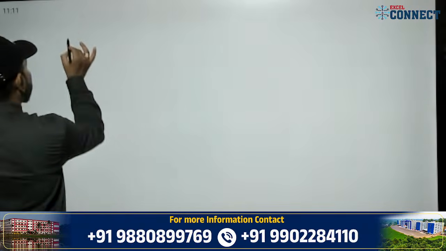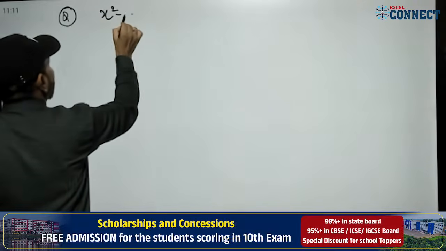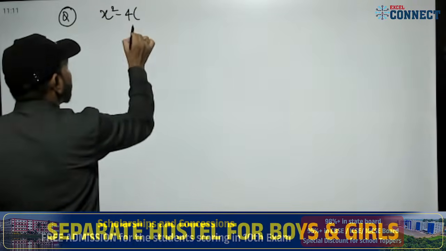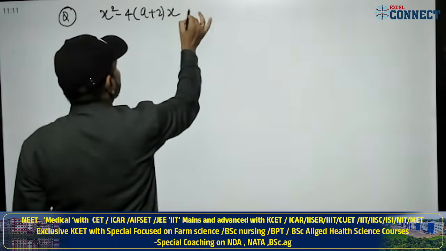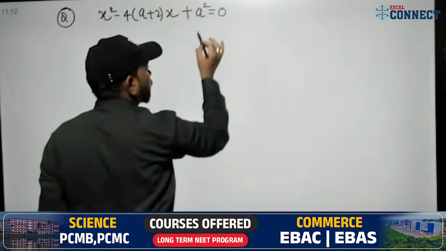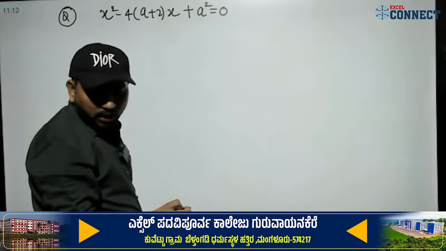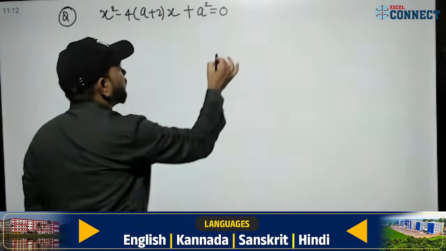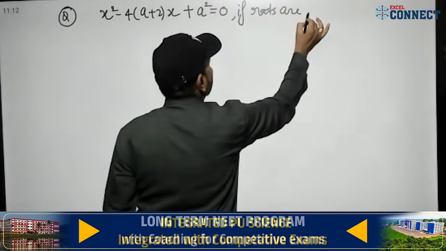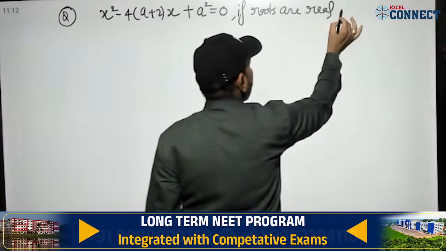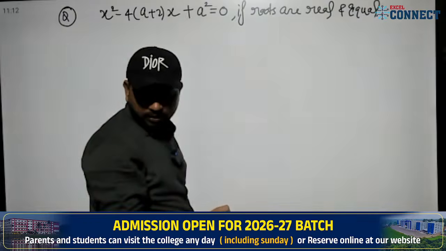So the question is: x square minus 4 times (a plus 2) into x plus a square is equal to 0. If the roots are real and equal, then find a.